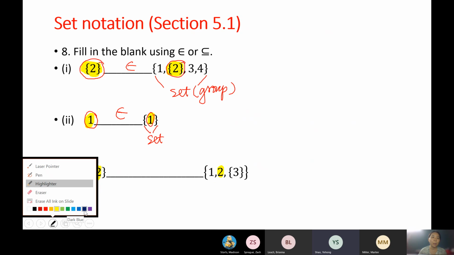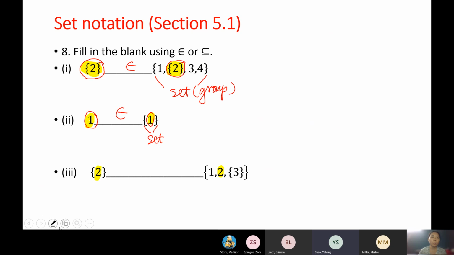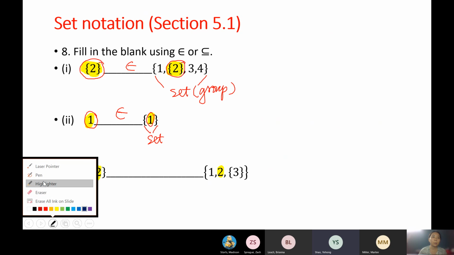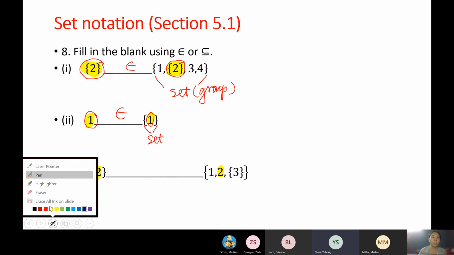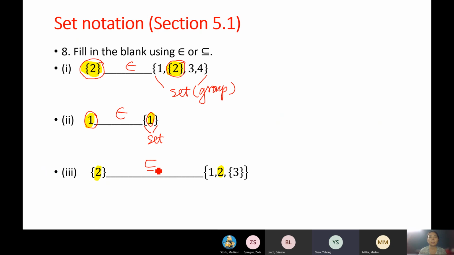So we are actually comparing two sets. And notice that this time we're going to use subset notation. So if a member is also a member of another, we say this set is contained in that. Okay. All right. So that's a bunch of definitions we just have to memorize.